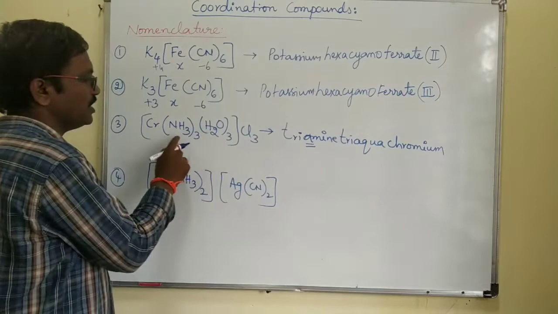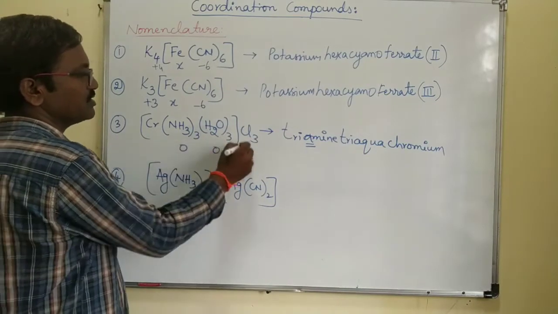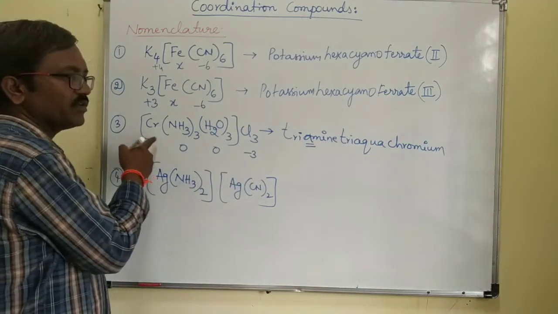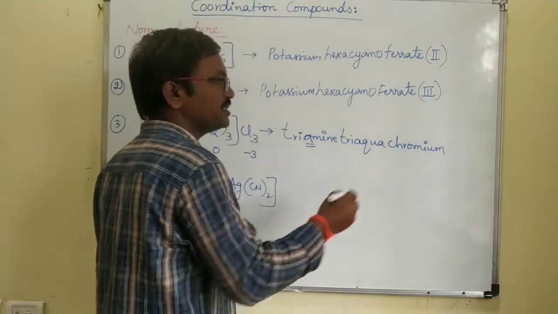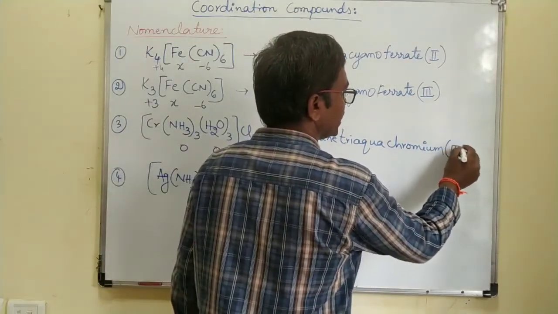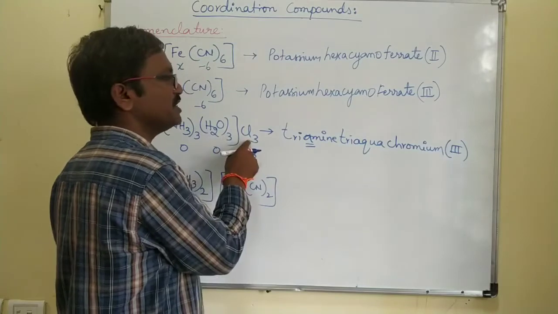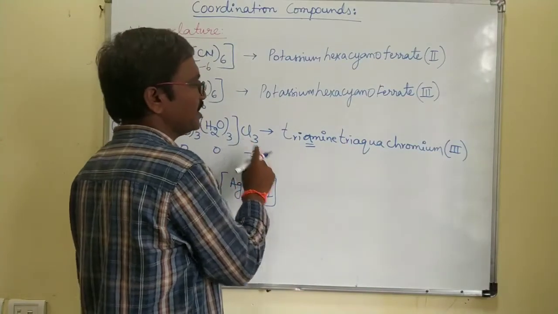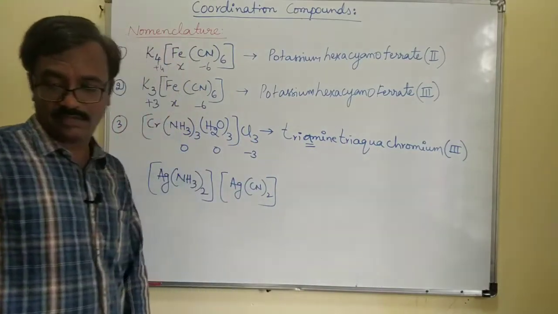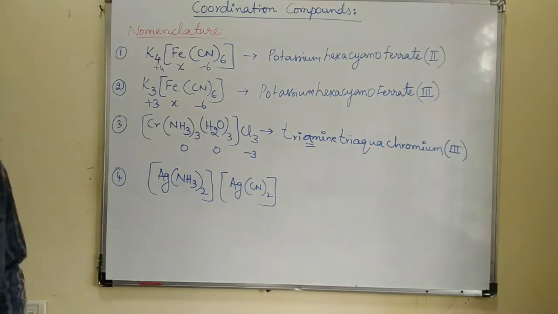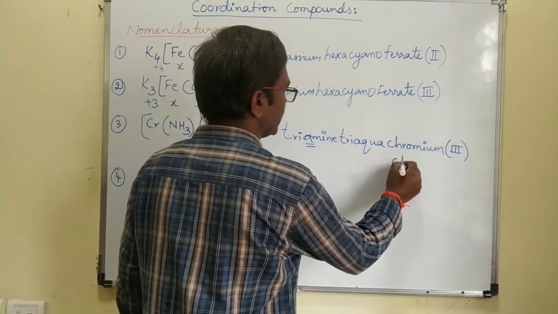This one is neutral. So this one is -3. What is the chromium oxidation state? Oxidation state +3. Chromium 3. Which one is the negative charge? Chloride. So chromium 3 chloride.